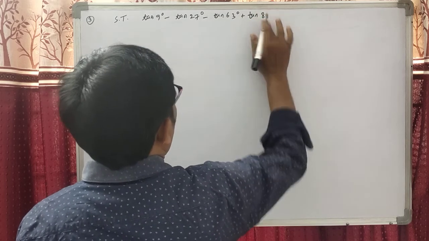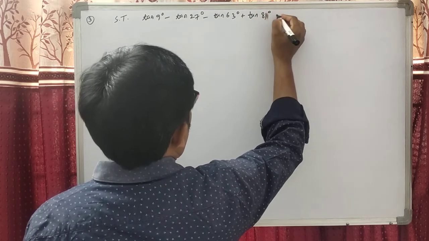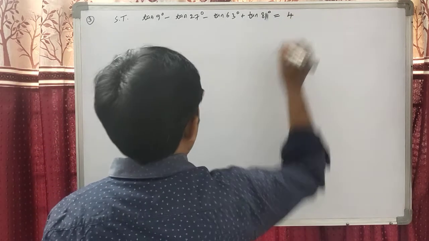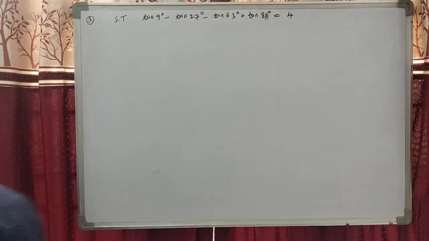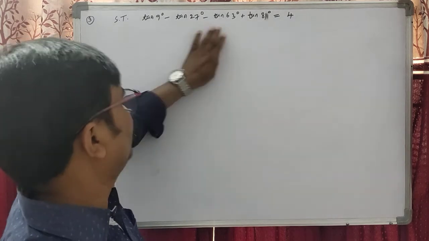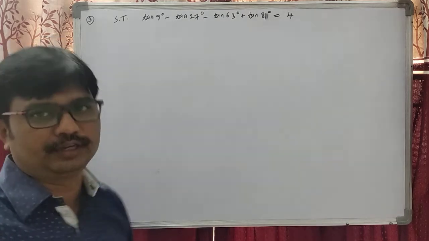So how to find this? Find the value of tan 9, tan 27, tan 63, tan 81.